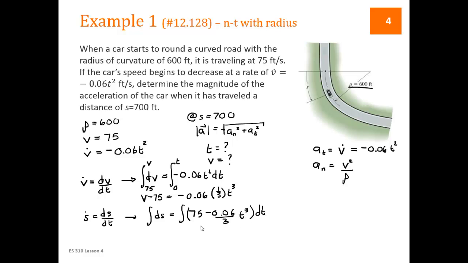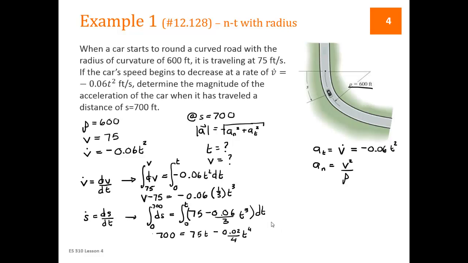The t is going to go from 0 to t, and the s is going to go from 0 to 700. So this is going to be 700 is equal to 75t minus, this is 0.02, so 0.02 divided by 4, t to the fourth, evaluated from 0 to t.